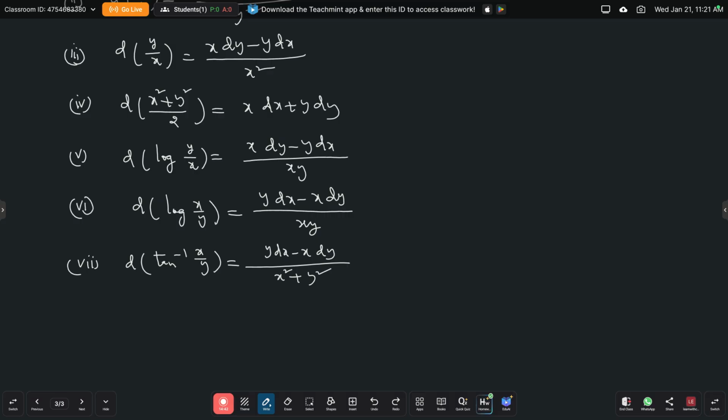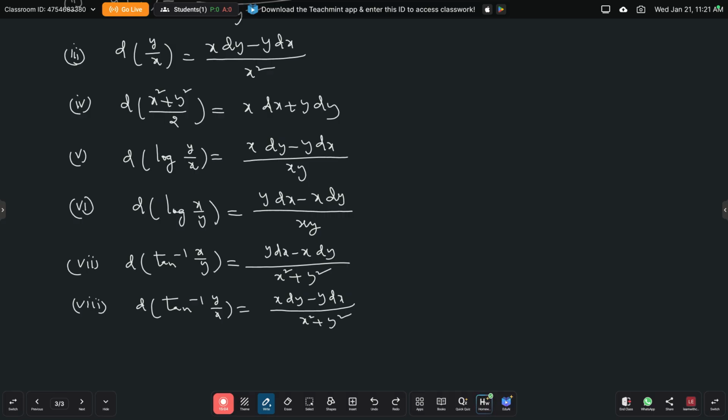This is the formula. Next, just by interchanging the terms, tan inverse y by x, because if you learn one formula, the other one you can easily understand. There is no problem in that. x dy minus y dx by x square plus y square.